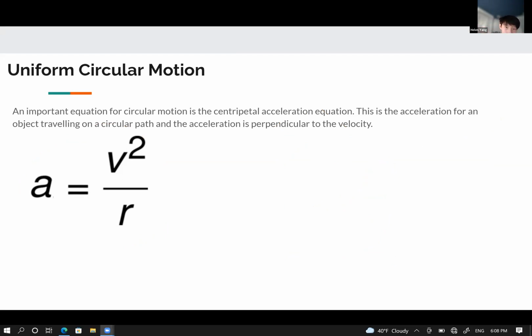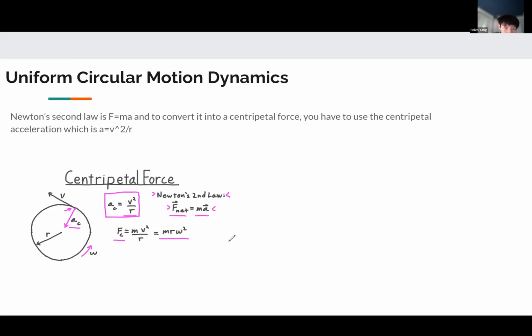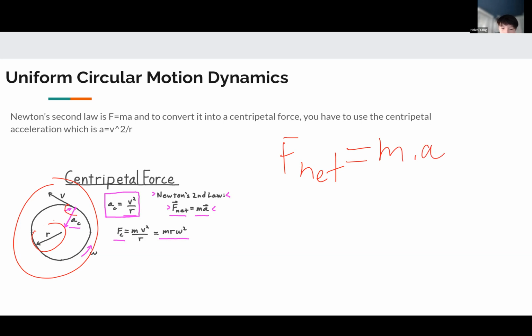So now we'll talk about uniform circular motion for dynamics. In this diagram, you can see that there's a velocity and the centripetal acceleration is pointing inwards, and they're perpendicular, and there's also the radius. For the centripetal force, first of all, Newton's second law is the net force is equal to the mass times the acceleration.